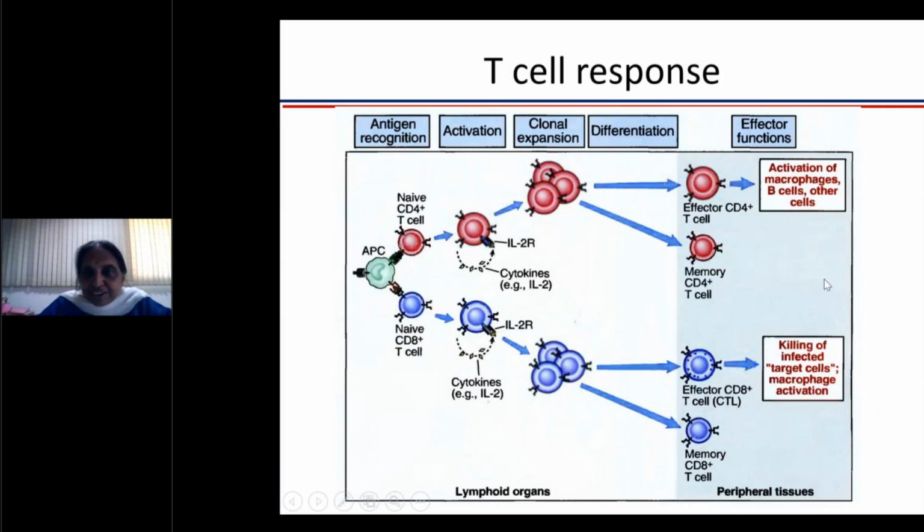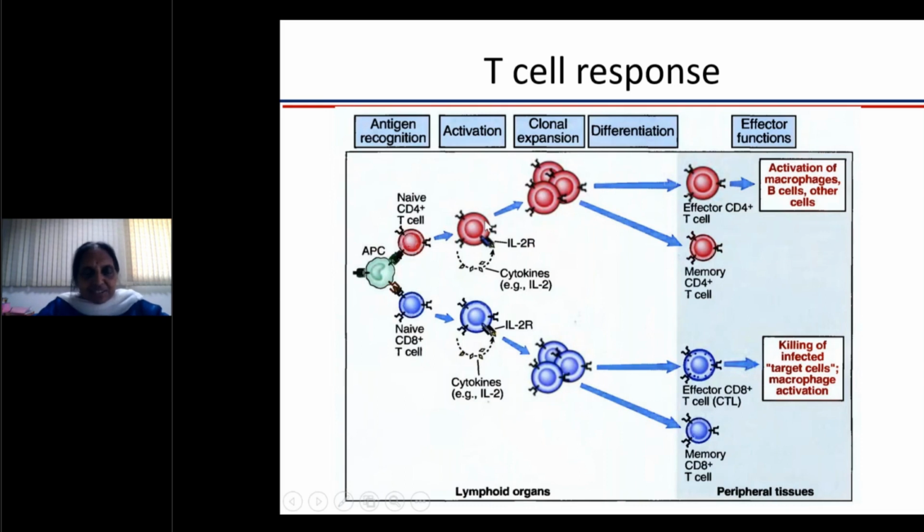So if you look at the T cell response in toto, you first need to recognize the antigen, be it CD8 cell or CD4 cells, then it gets activated. Once it gets activated, it starts producing interleukin-2, and all of you know that interleukin-2 is the most important cytokine for T cell proliferation. And it acts in an autocrine loop and causes clonal expansion.